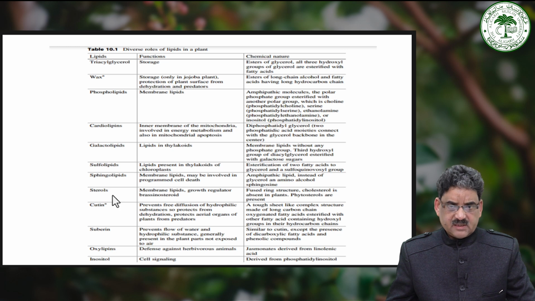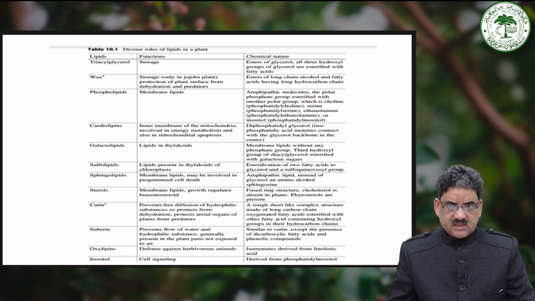Then the next one is the sterols, acting as membrane lipids and growth regulators like brassinosteroids, which have a fused ring structure. Notably, cholesterol is absent in plants while phytosterols are present.